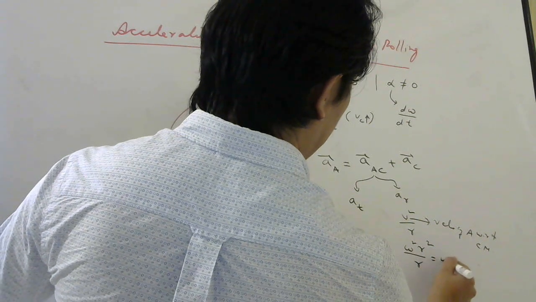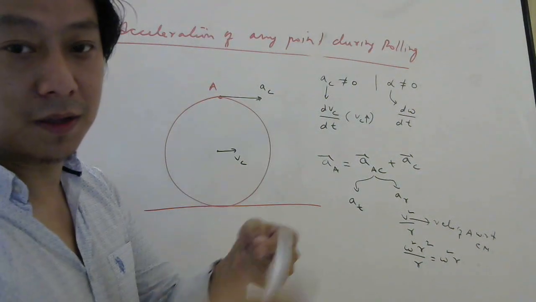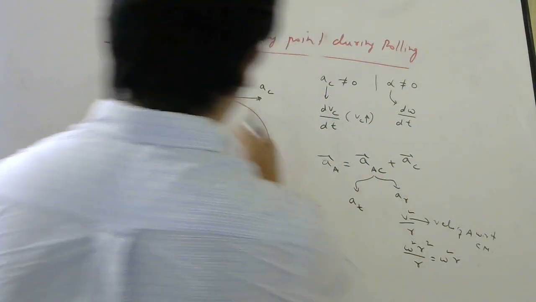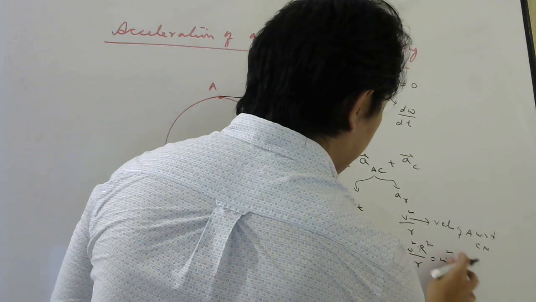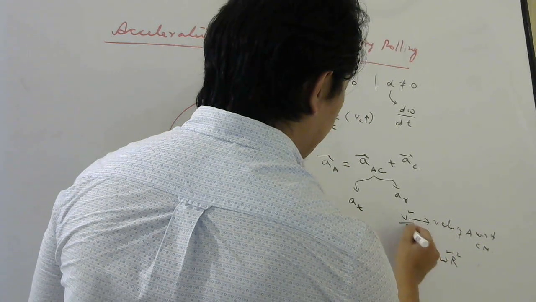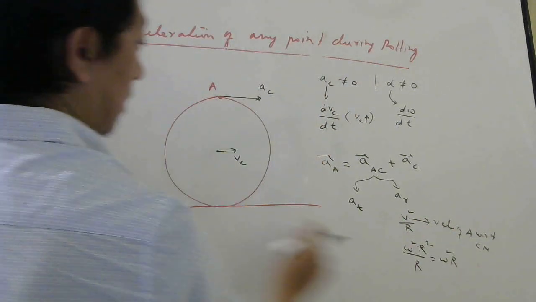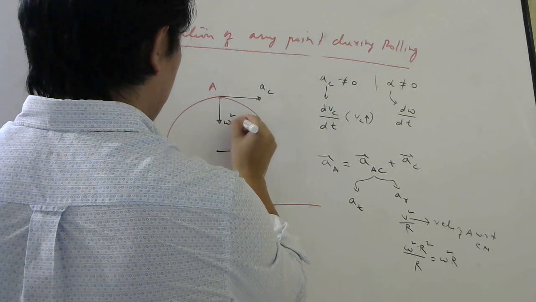So I can simply write omega square r, because if you sit in the center of mass, then every particle moves in a circle, and v is r omega. Here this is the circumference, so I can write capital R, and this will be your r. Then I can write omega square r, and it will be towards the center.